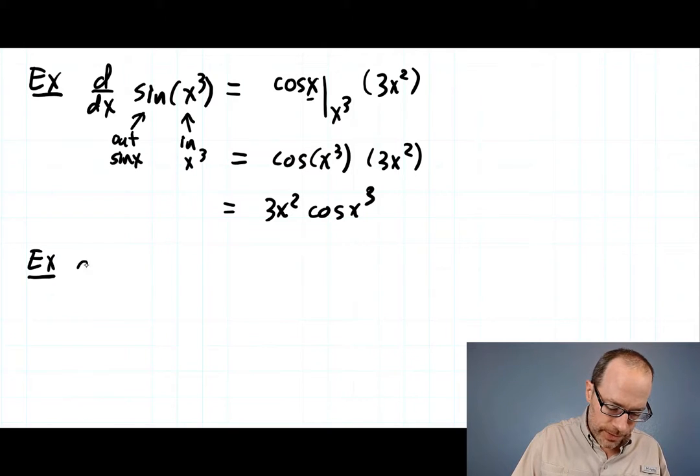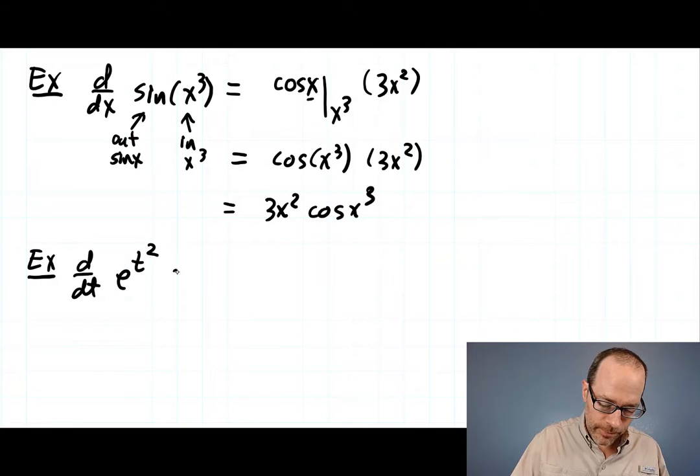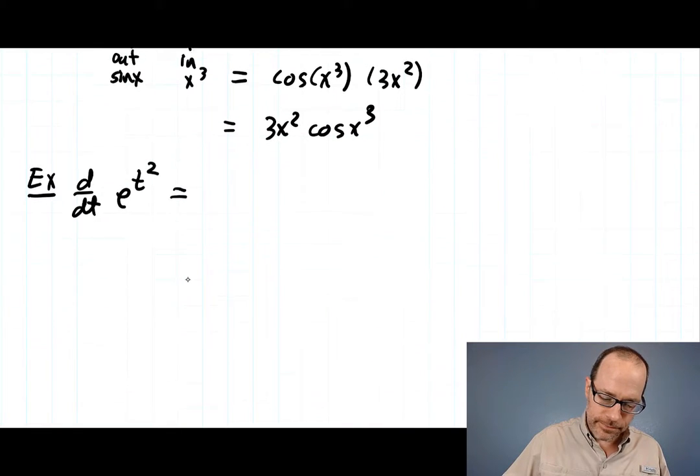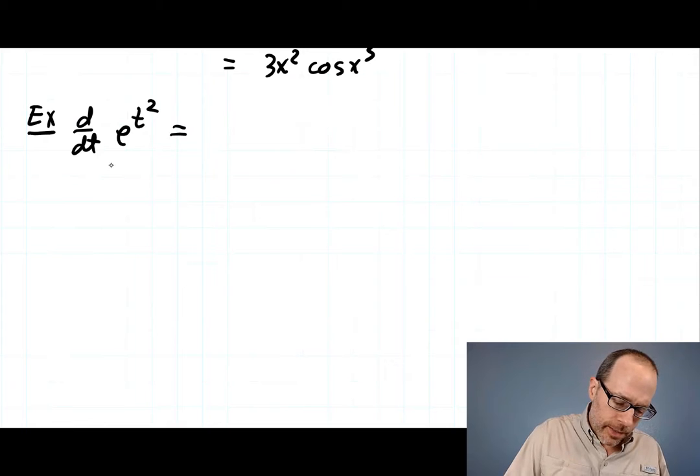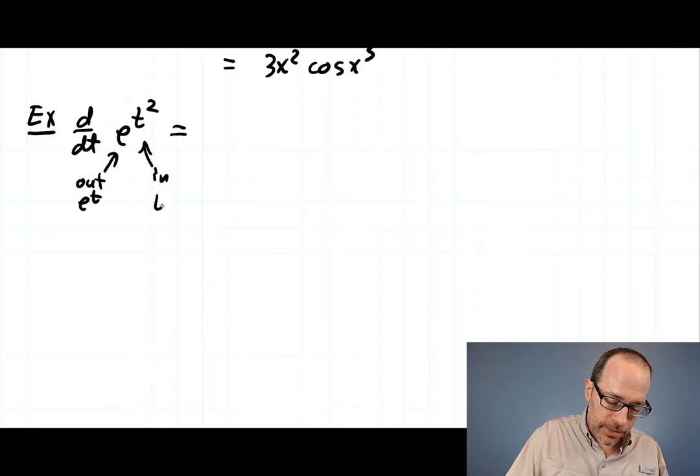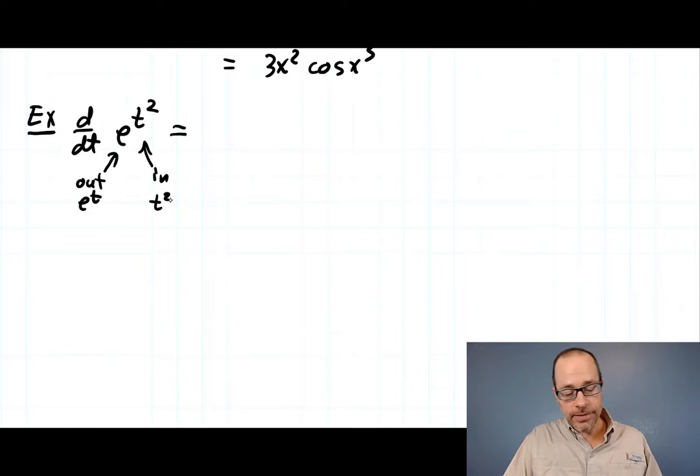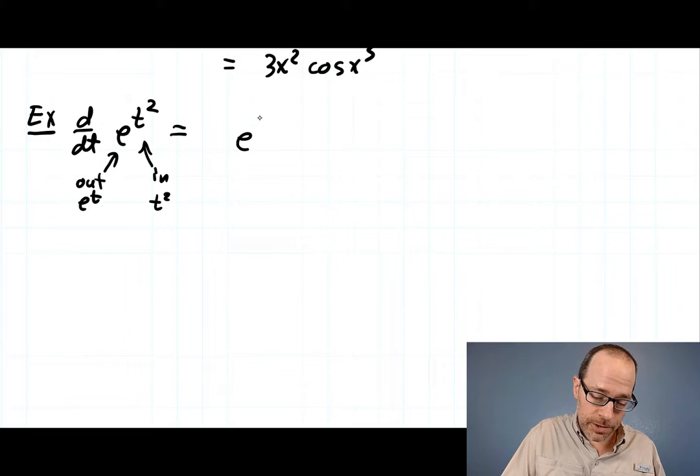Let's do d by dt of e to the t squared. Okay. Here you have to recognize the outside function is e to the t, and the inside function is the function t squared. So the chain rule says take the derivative of the outside function, that's just e to the t, but you have to evaluate it now.